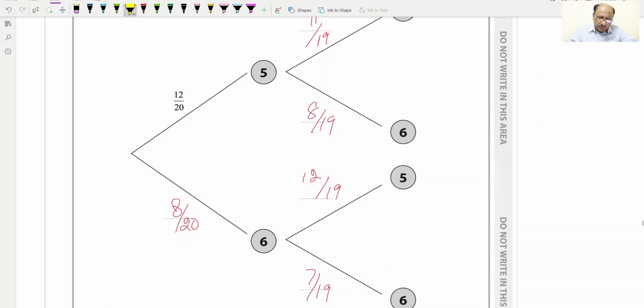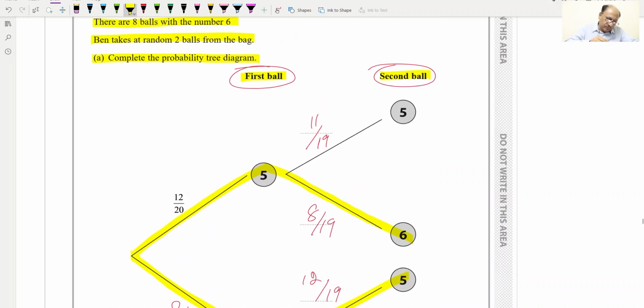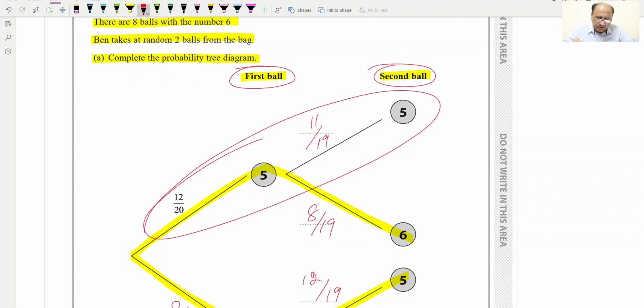If we consider 5 plus 6, 6 plus 5 and 6 plus 6, these branches will give us 11 or 12, but only this branch is giving us 10.